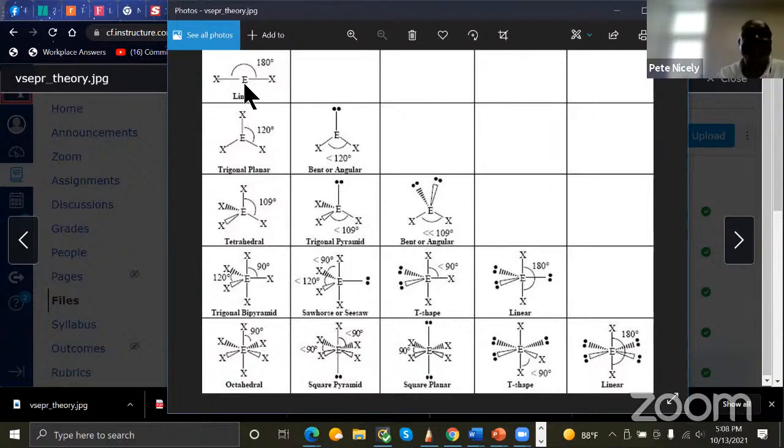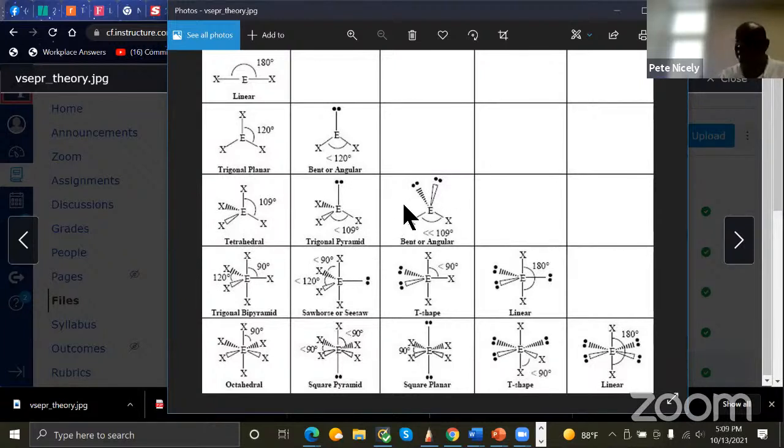So for example, if you have a central atom bonded to two other atoms, then the shape adopted here would be linear. If you have the central atom bonded to 3 other atoms, then the shape adopted by the structure would be trigonal planar. If you have a central atom bonded to 2 atoms and also has a lone pair of electrons on it, then the shape would be bent or angular, all right? And you have similar descriptions for the others as well. So this is what you're going to use to make predictions as to the shape of a particular molecule.